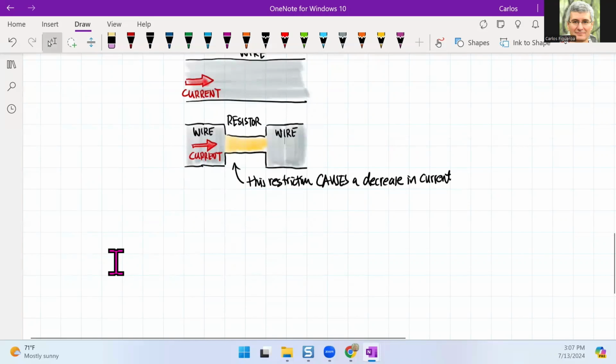So let's start talking about this. Now, I'm going to have to do some technical details to tell you how current actually flows. And so maybe I should write something down so that it's a little bit more clear.